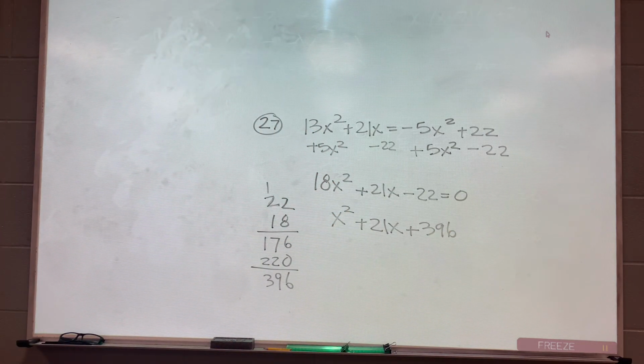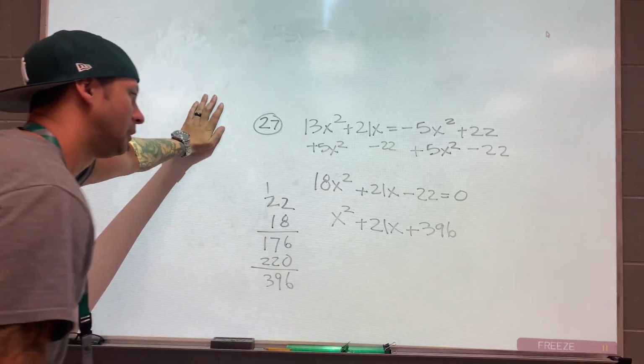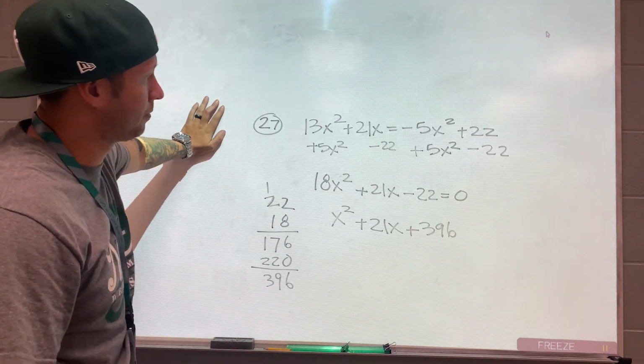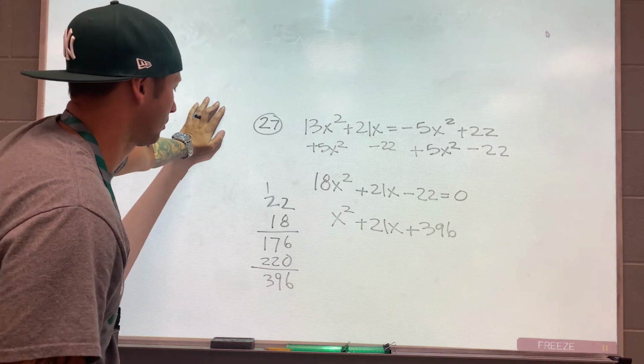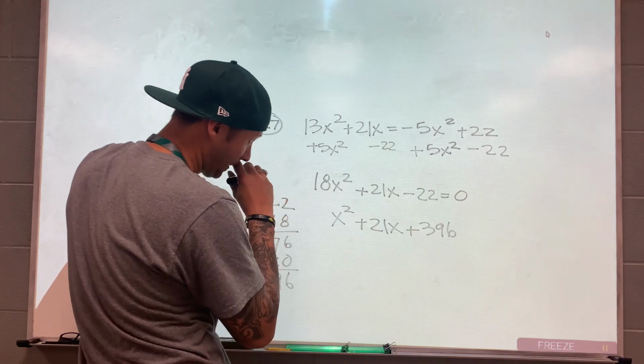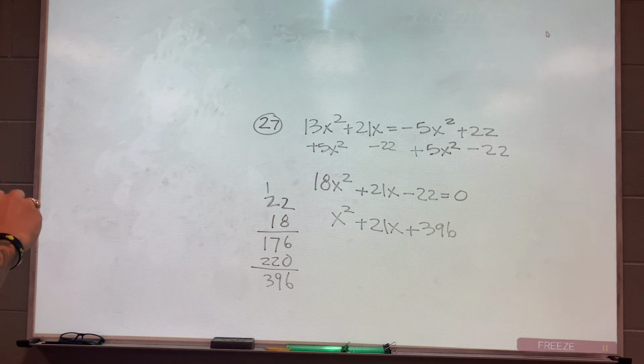All right. So let's see. 396. 2, 4, is it divisible by 7? 6. 36. 6 and 66.